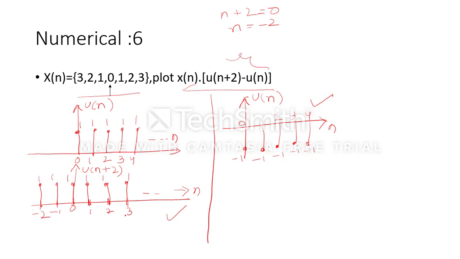So when we add them, these values will get cancelled, but only two samples will be present. So my equation for un plus 2 minus un will have only two samples. That too, the samples will be present at minus 1 and minus 2 only, with magnitude 1.